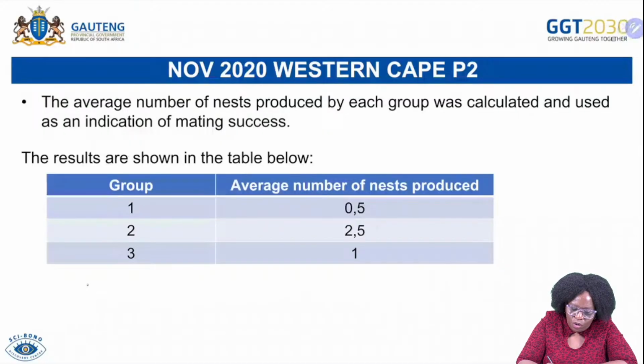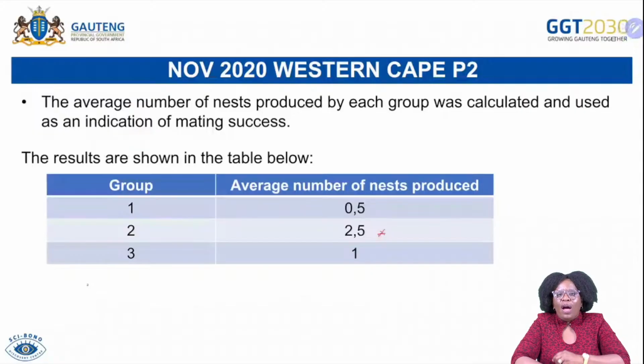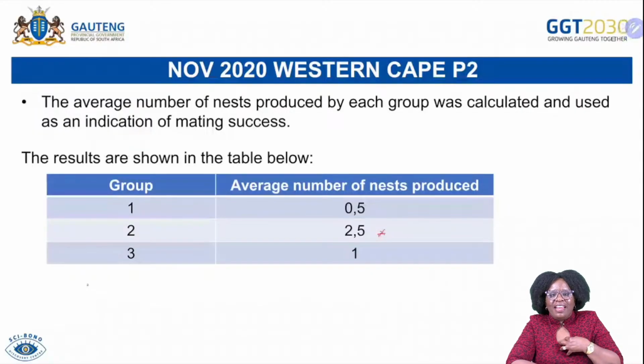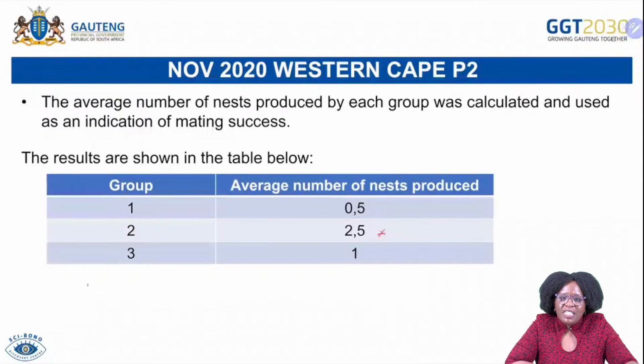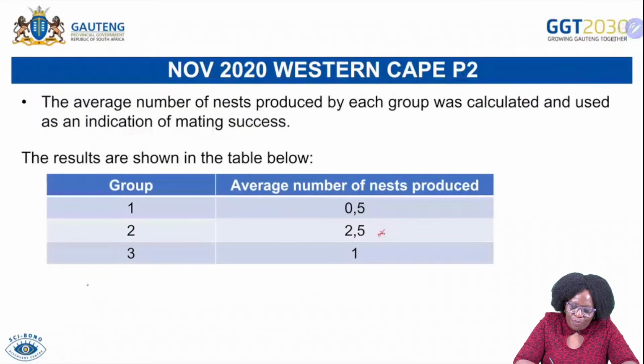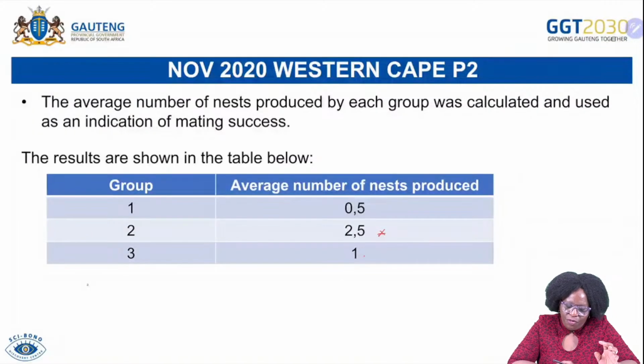And group 2 has the highest. Group 2 was the tail that was even given an extension by the artificial colorful feathers. Group 2, the average number was 2.5. And group 3, which was unchanged, had an outcome of 1 nest on average.